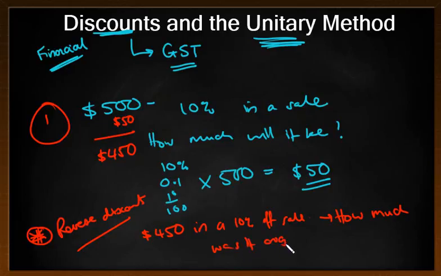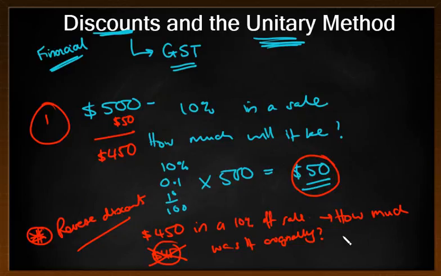That's a bit more challenging, because if I simply find 10% of $450, you're going to come up with $45, which you can see from that previous question is actually incorrect. So like GST, we can't just find 10% and plus it on.